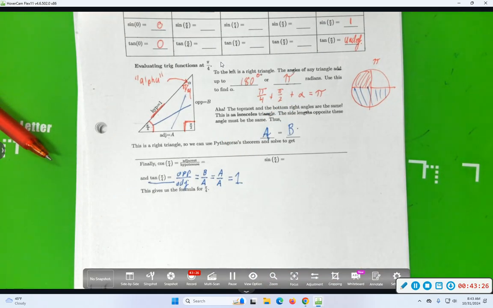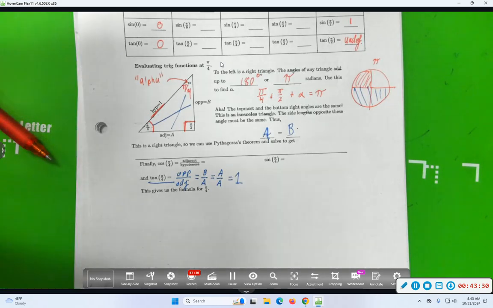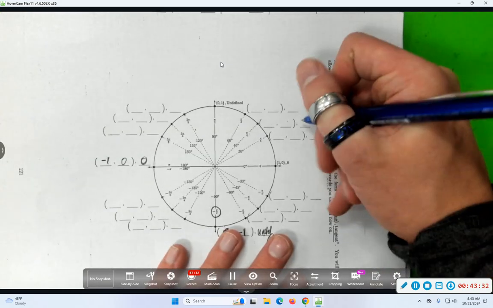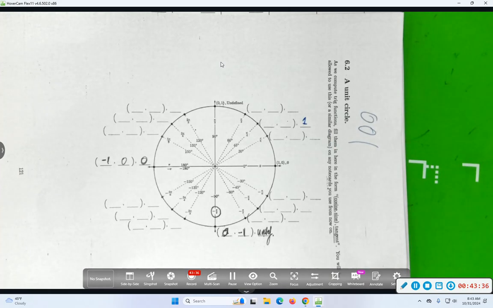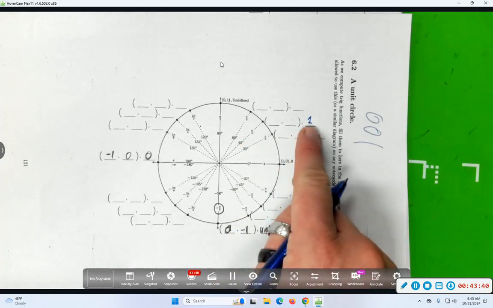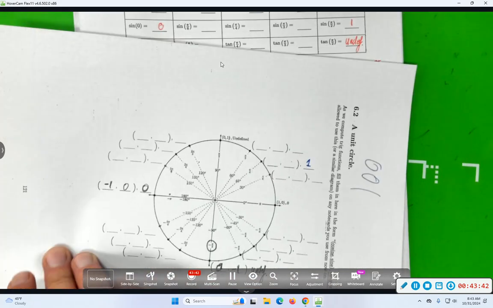That feel good? Nice. So in this unit circle diagram, I can put a 1 in that space. Angle of pi over 4 corresponds to a tangent of 1.